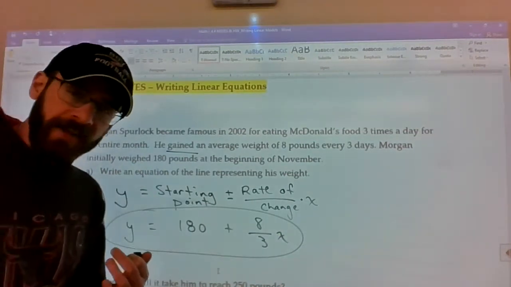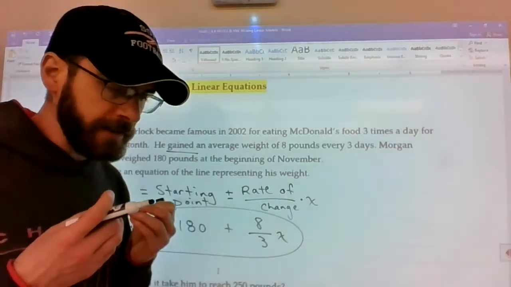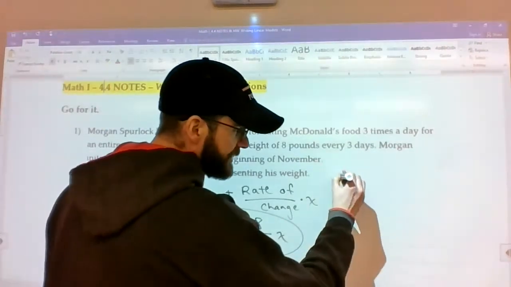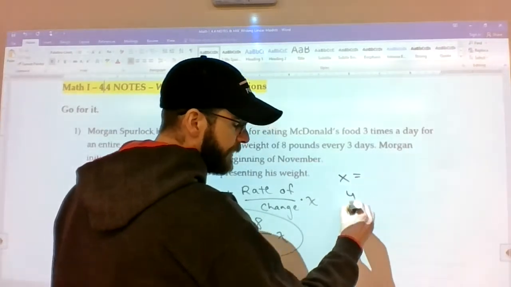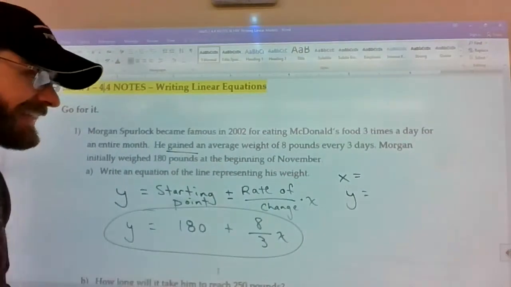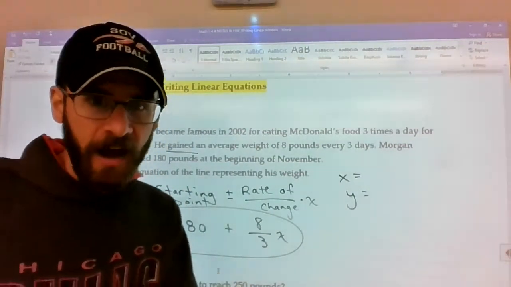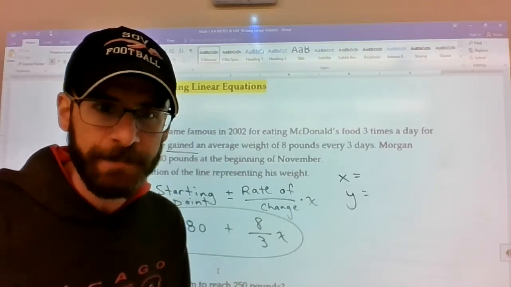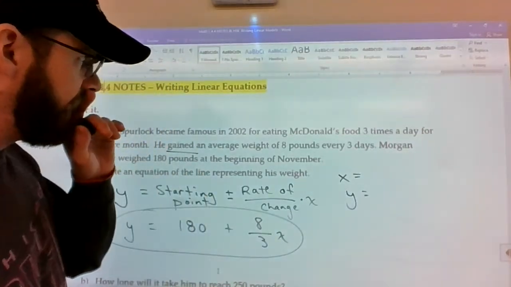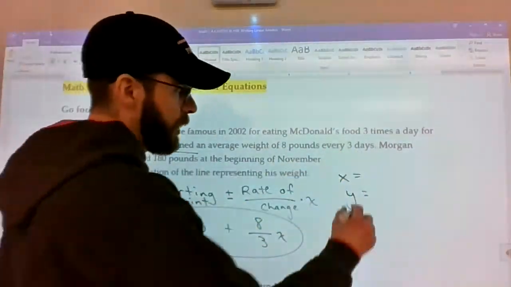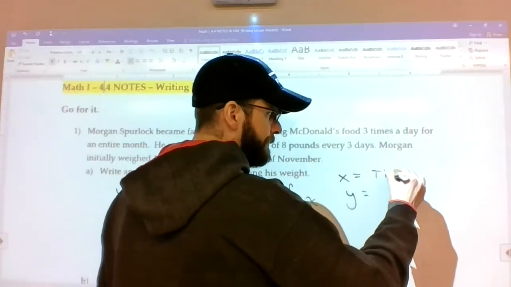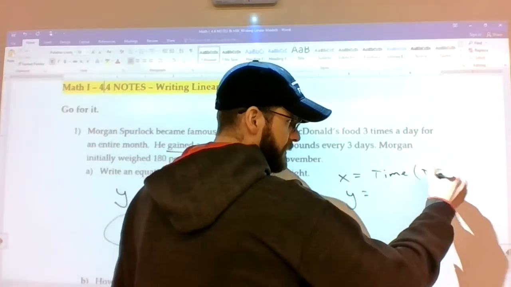Now, keep in mind that we really need to define our variables. We need to say what x equals and what y equals. Now, the easiest way to determine this is x is almost always going to be time, because time is usually the independent variable. So we're given a time value, so x is going to represent time in days.